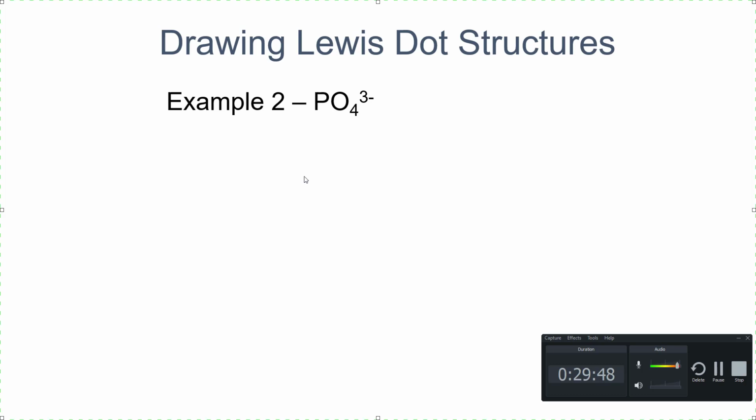Okay, let's look at PO4 3- as an example of how we handle an atom or a molecule that has negative charges. First of all, I'll give you the structure, which is a P with 4 O's.